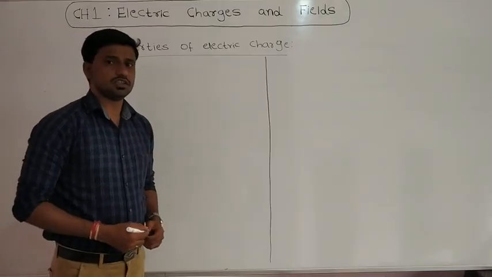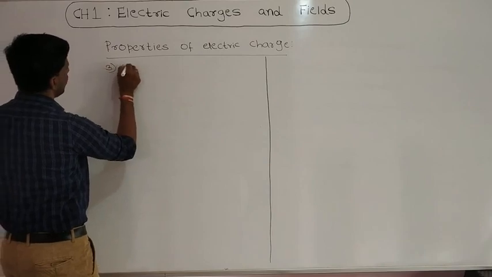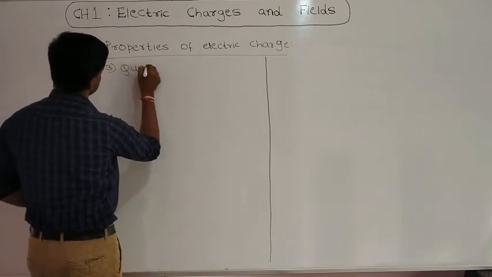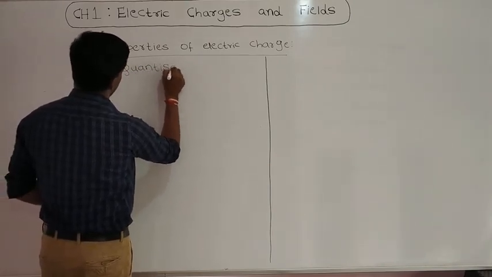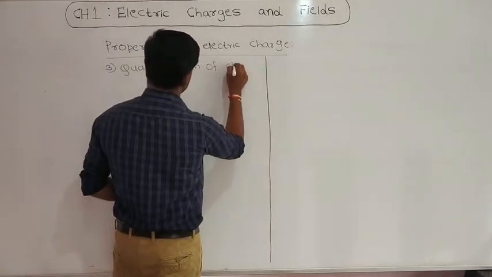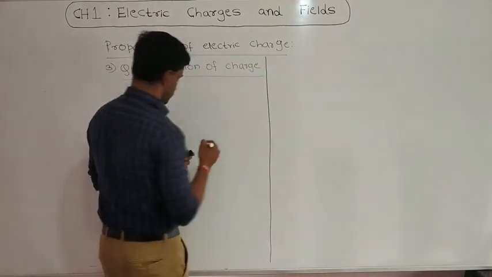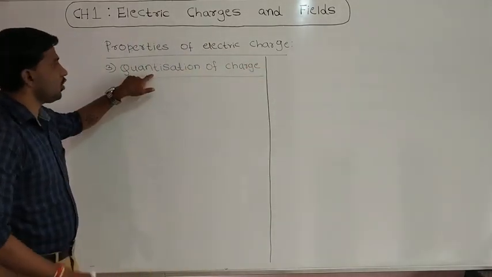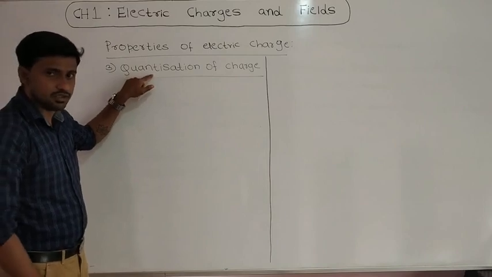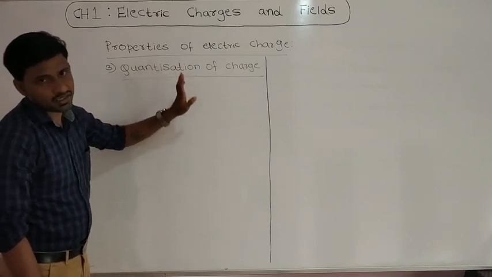Now we will discuss the third property of charge, that is quantization of charge. The meaning of the term quantization is that anything available in a fixed amount is called quantized.